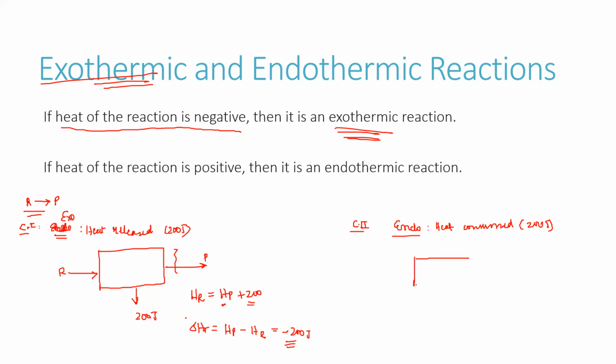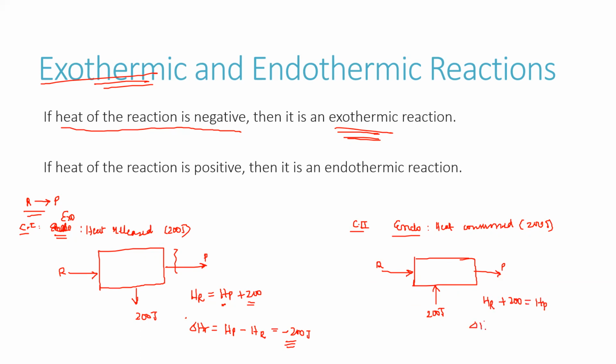So let's say this is the reactor. Same conditions, we have reactants, all completely pure reactants, and all of it has been converted to P. And now, since this time we have an endothermic reaction, we are going to supply 200 joules from this side. So an energy balance would give us HR, which is enthalpy of reactants, plus 200 gives you HP.